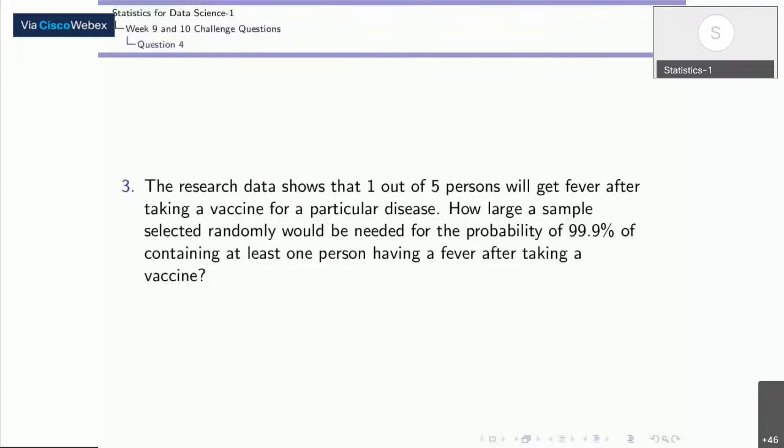And whatever answer you get, round it off to the next higher integer.